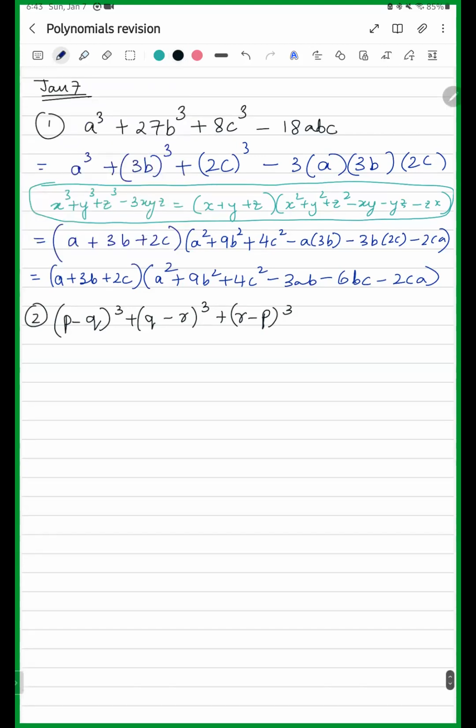Now you can put p minus q as x, q minus r as y, and r minus p as z.